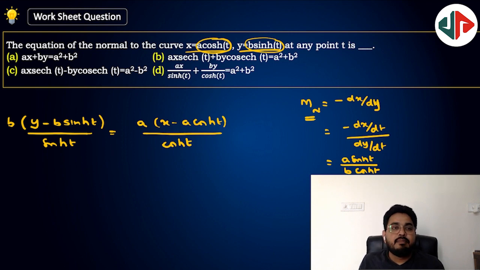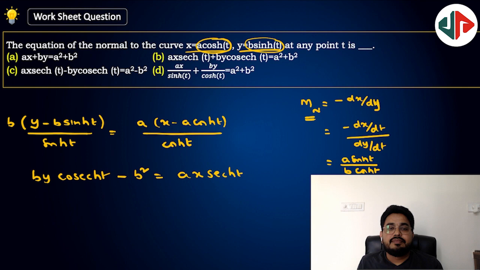So this is by cosech t. This is equal to, okay, minus b square is equal to a x sech t minus a square. So from here, you will be getting the answer.